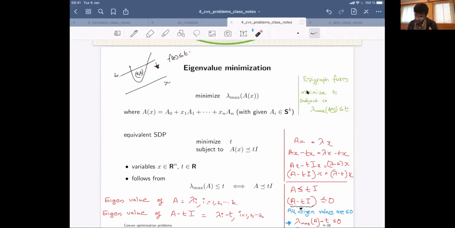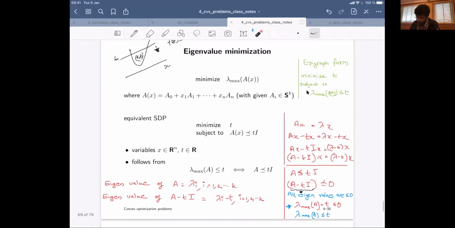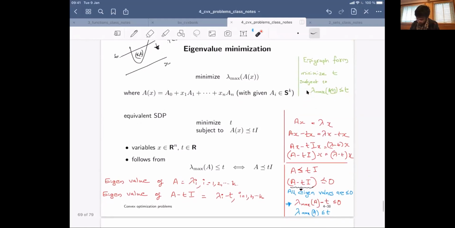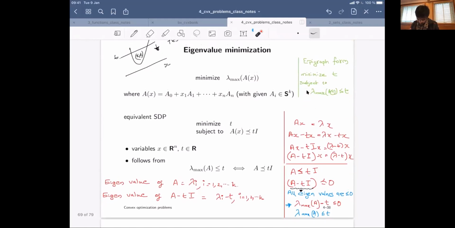So I have this epigraph form: minimize t subject to this. But this is also not simple, right? You have lambda max here. So how do we get rid of it? This is simple.